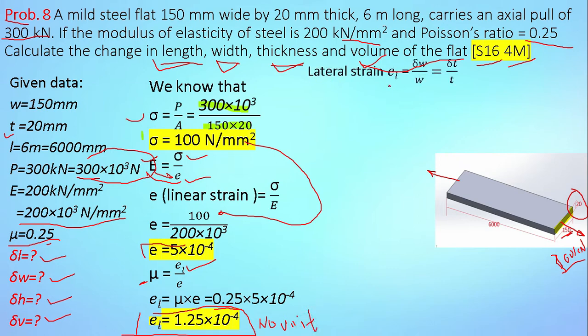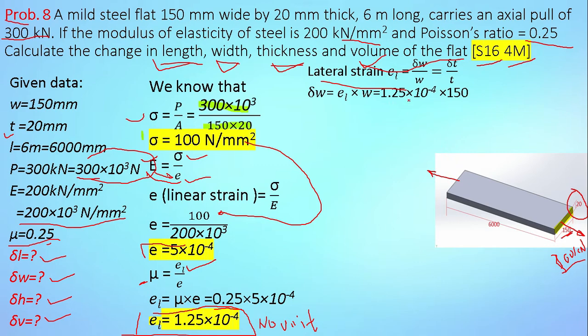Also we know the formula: lateral strain is the change in lateral dimension divided by the original lateral dimension, which is also equal to change in thickness divided by original thickness. So change in width is equal to lateral strain multiplied by original width.